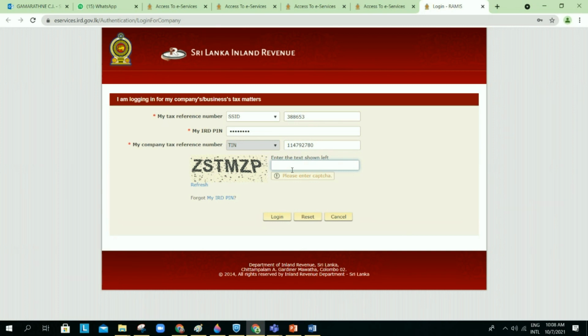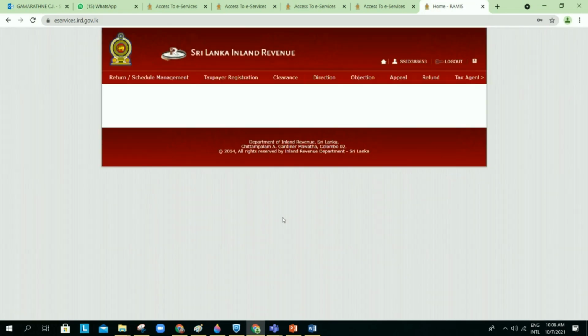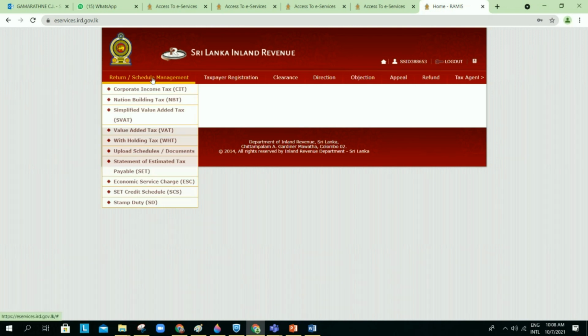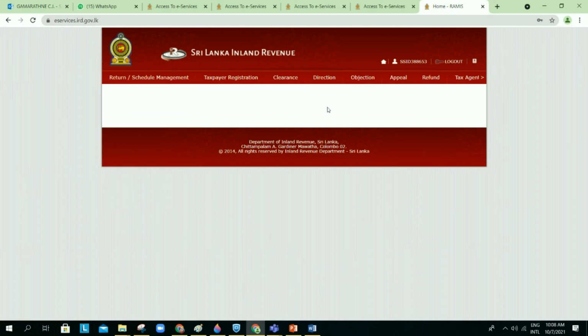Then I enter the capture and login. Then you can see what the available facilities are for the approved SSID.